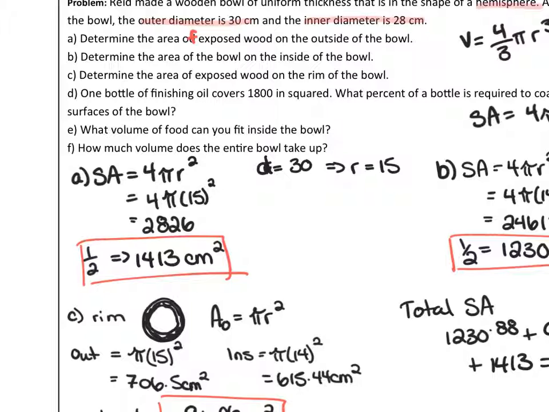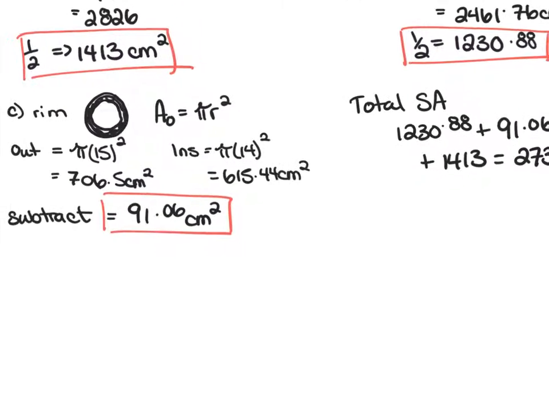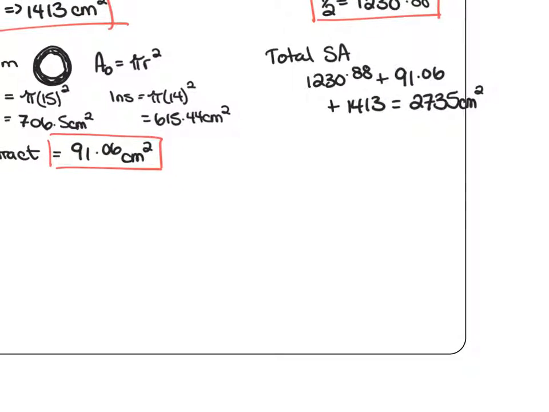Okay, 1 bottle of finishing oil covers 1800 inches squared. Now that's inches squared. So what you should do for that, and I should have done this first, is change all our measurements into inches first before I did it in centimeters, but that's okay. You should be able to do a conversion. Google is kind of nice about that.